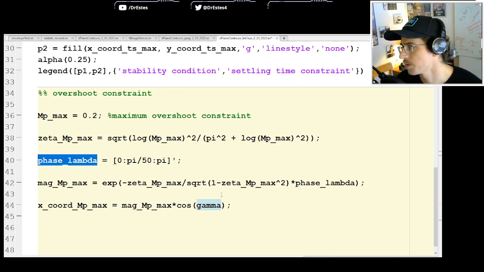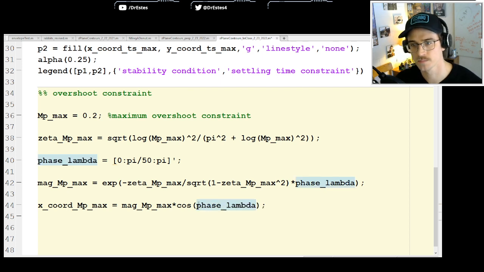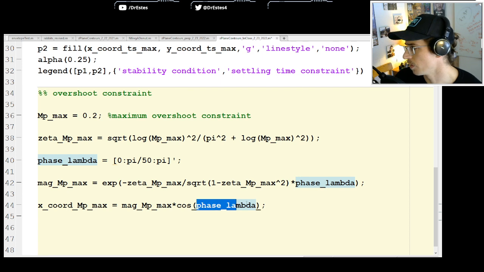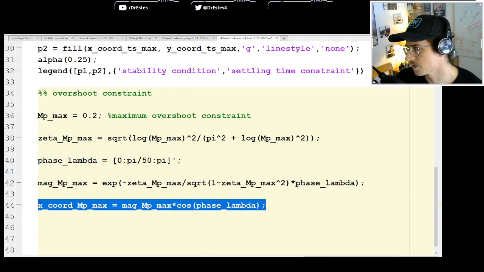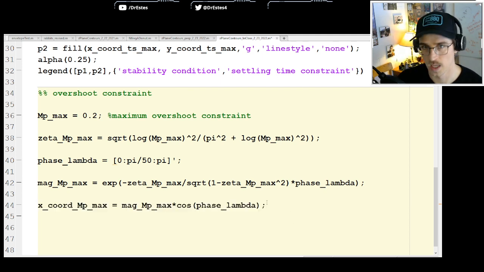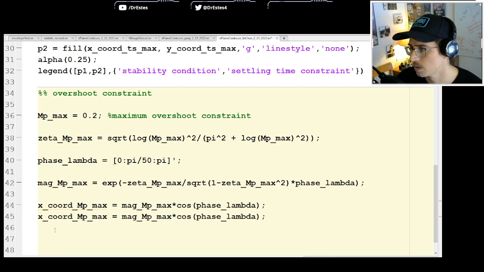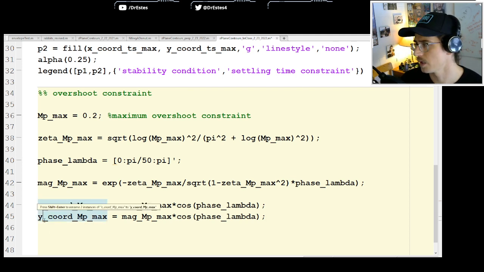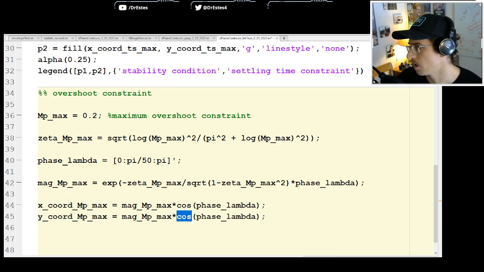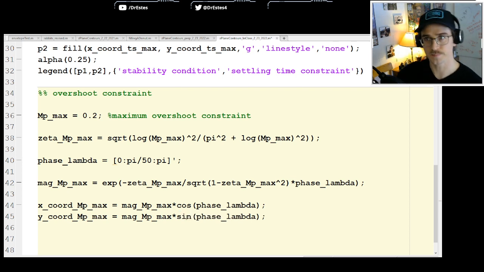So I'll throw this phase angle in here. We're going around the circle, different phase angles, and the x-coordinate is the cosine of this multiplied by the magnitude of the root. Now let's get the y-coordinate as well. I'll just copy this, and all we need to change here is that it's the sine.